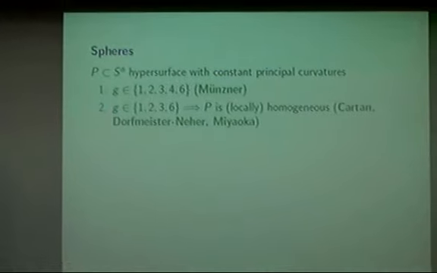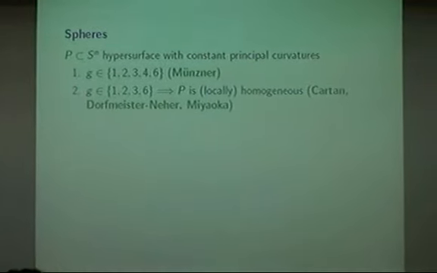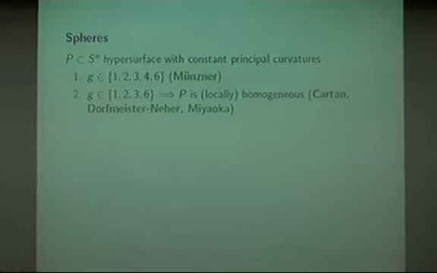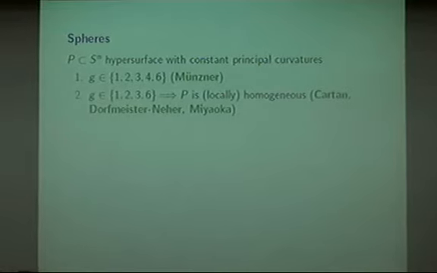So what can one say about these cases? When the number G is different from 4, so we have 1, 2, 3 or 6, then the hypersurface must be homogeneous if we assume we have a complete hypersurface, or it must be just an open part of this. That's why I write locally there. This was proved by Cartan for G equal to 1, 2, 3, and for G equal to 6 it was proved by Dorfmeister-Neher and by Miyaoka.